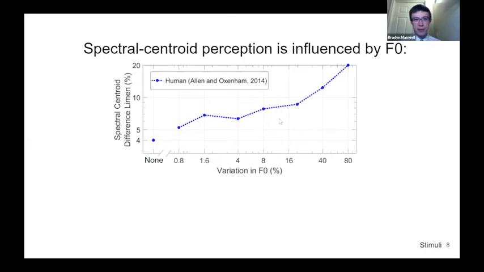So one explanation for these results is that the listeners just became confused as the variation in a different parameter increased. It was just simply a more distracting case. But we wanted to see if perhaps there was a basis for this interference in the midbrain representations themselves. So this is very similar to those neurons that Jenny was talking about, where they represent both timbre and pitch in the auditory cortex. We're looking to see whether that might happen in the midbrain.